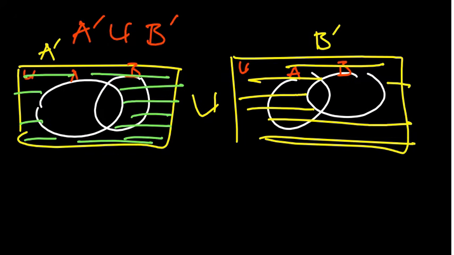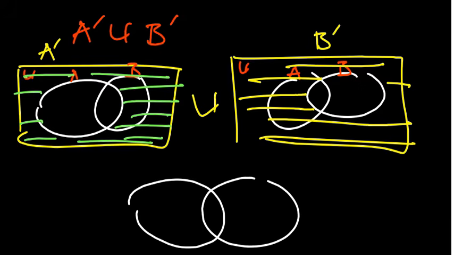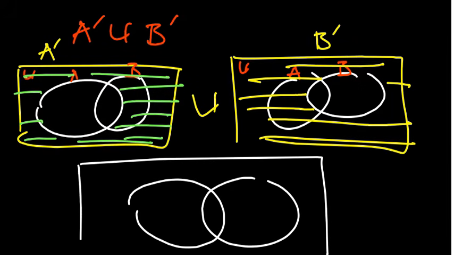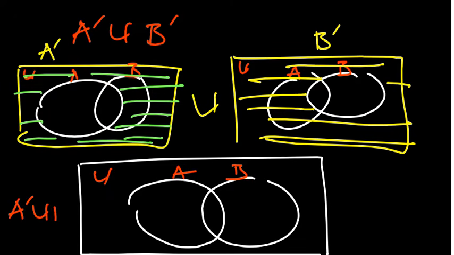So now union means that you combine the two regions together. So now we're saying this is the union of A complement with B complement. If you combine the regions together, what is going to remain unshaded? I'll shade first of all A complement. Since union means that you combine them, what is my A complement?